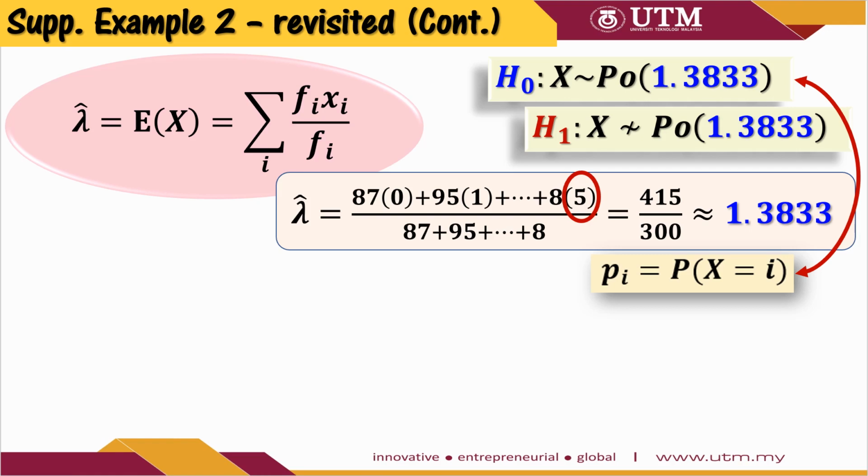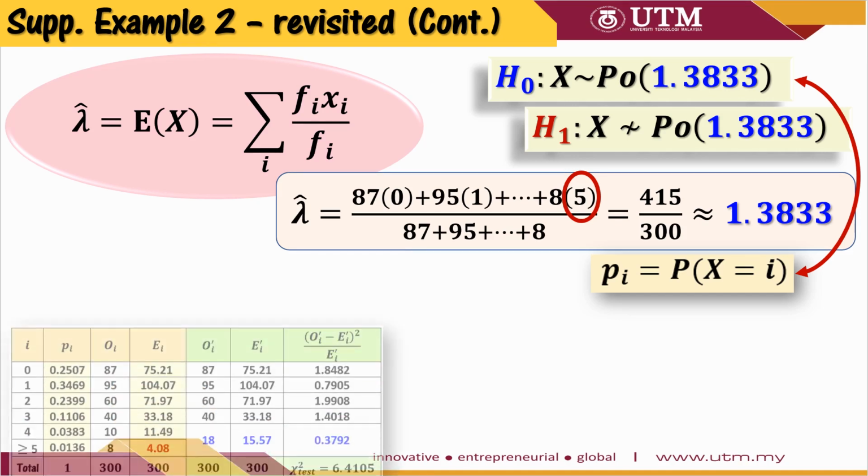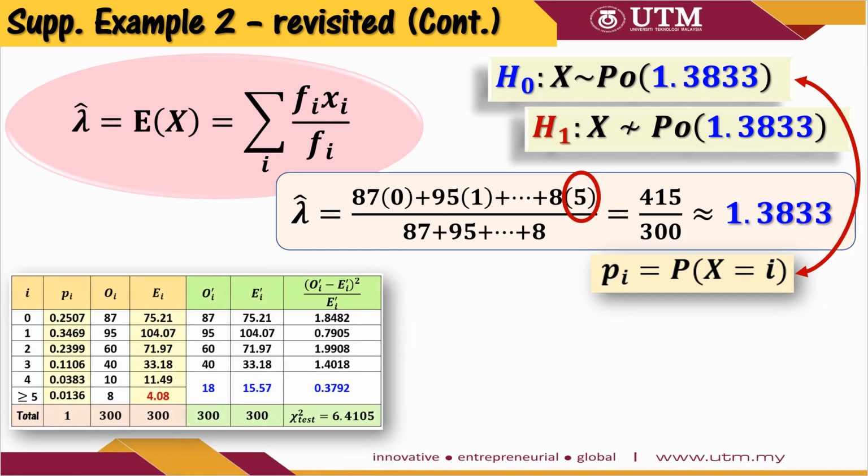You may want to calculate on your own and check if you get the same values of Pi and Ei as given in the following table. Please notice that the problem of Ei being less than 5 still occurs in this revisited example.